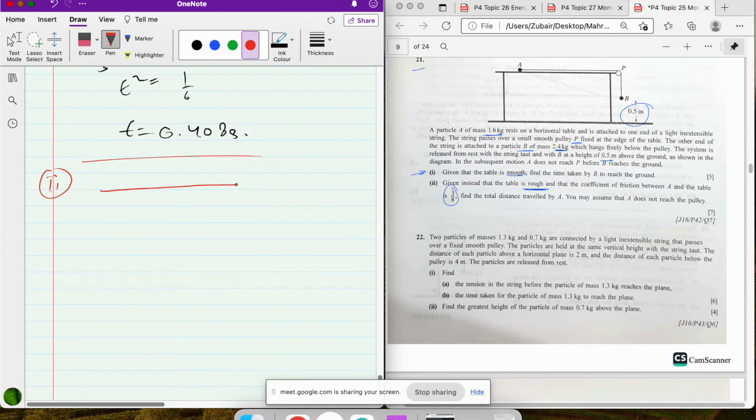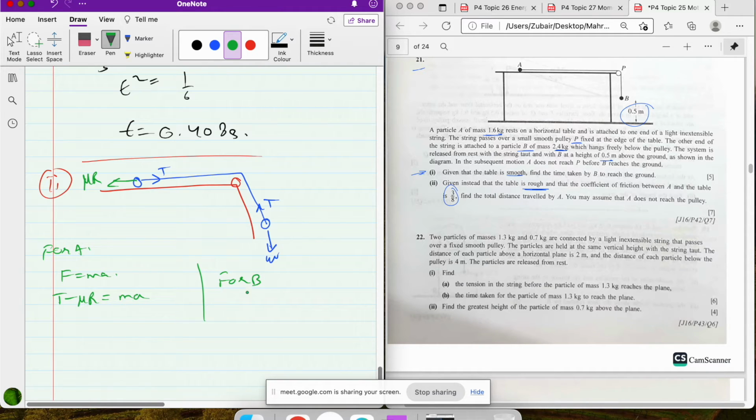So now we have friction and I'll add one more force. B is going down due to its weight, tension is upwards, tension is pulling A to the right, and friction, which is mu R, will pull it to the left-hand side. Again for A, F equals MA: tension minus mu R equals MA, and for B, weight minus tension equals MA.